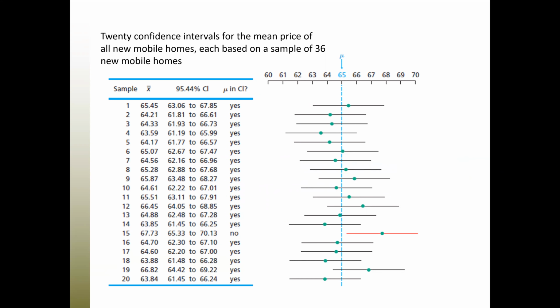Now, look at this chart, and you will see an example illustrating the idea of a confidence interval. For example, 20 confidence intervals for the mean price of all new mobile homes, each based on a sample of 36 new mobile homes. We know in the US, and even in Europe, we have many mobile homes. People love to travel and drive their mobile home.